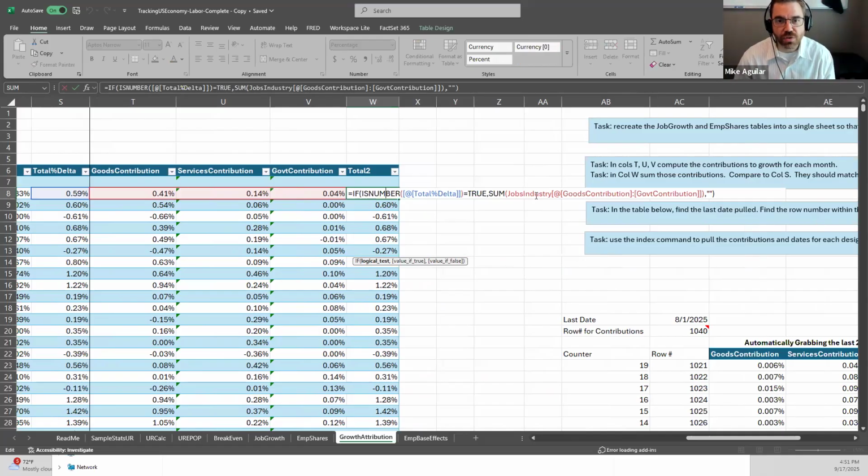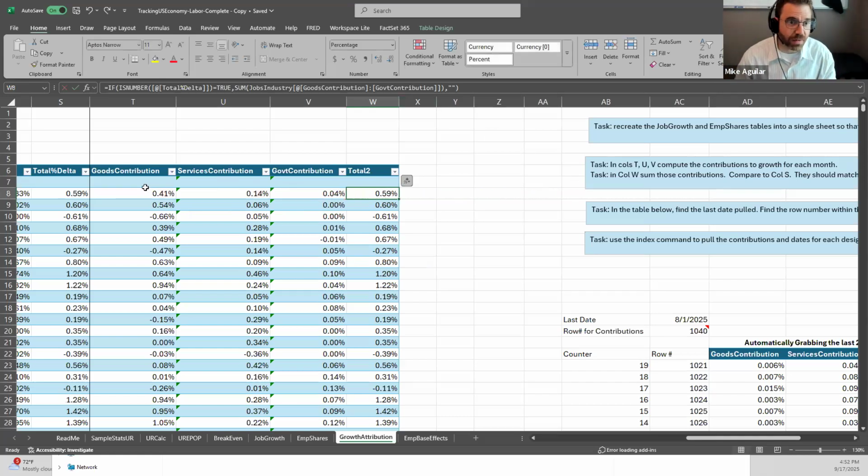Sum of the job industries table at the goods contribution, all the way through the government contribution on that row. The ampersand at symbol represents in that row. So add up all the columns in that row, but only do that if you're good to go. If the percent total delta is true. If not, then give me the air quotes.